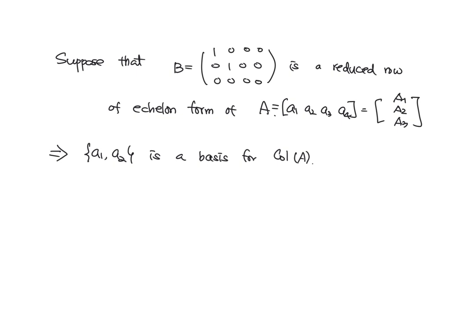Okay? And non-zero rows in B. So the vectors 1 0 0 0 and 0 1 0 0, the set of these two vectors is a basis for the row space of A matrix. Okay?